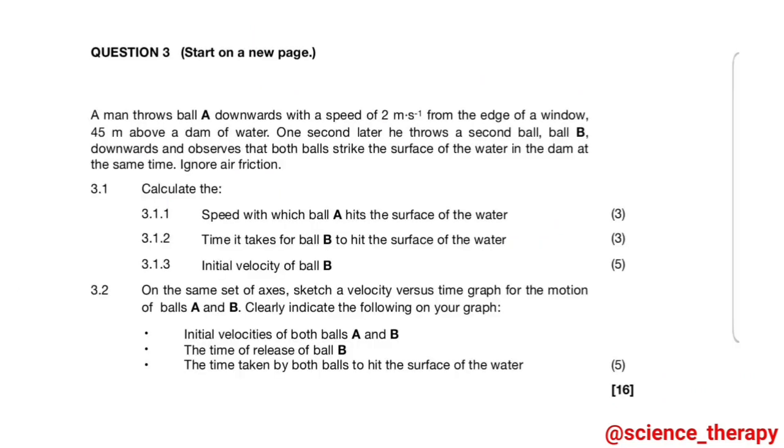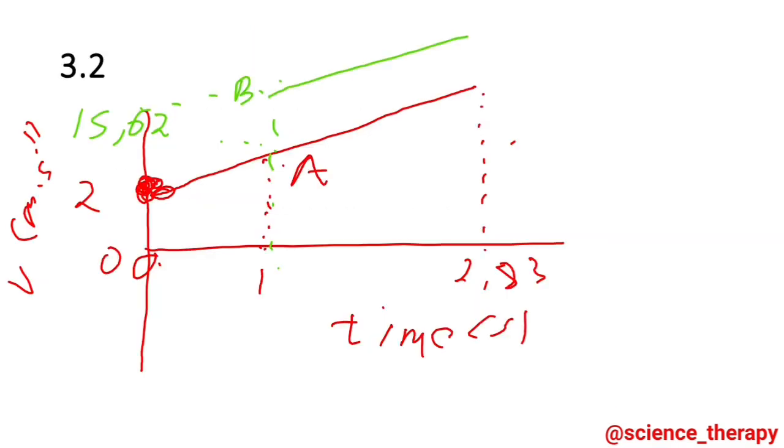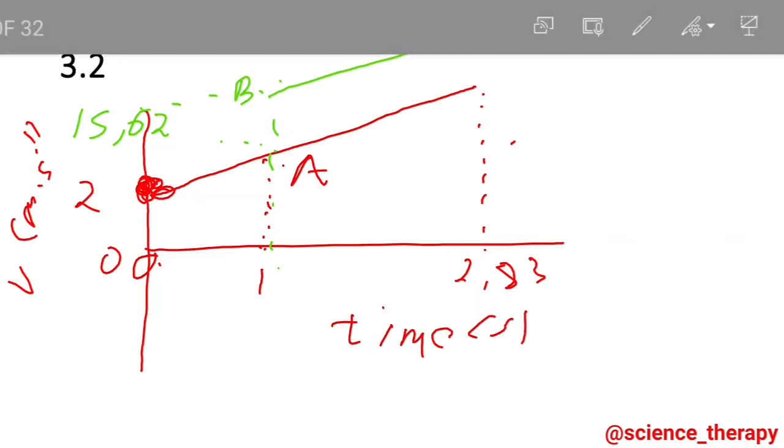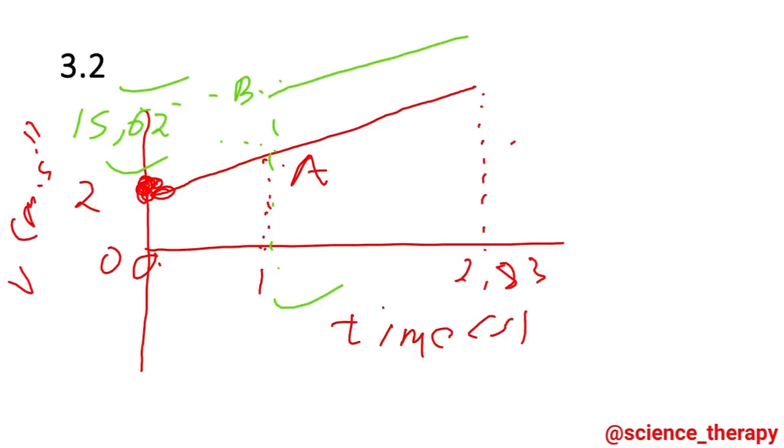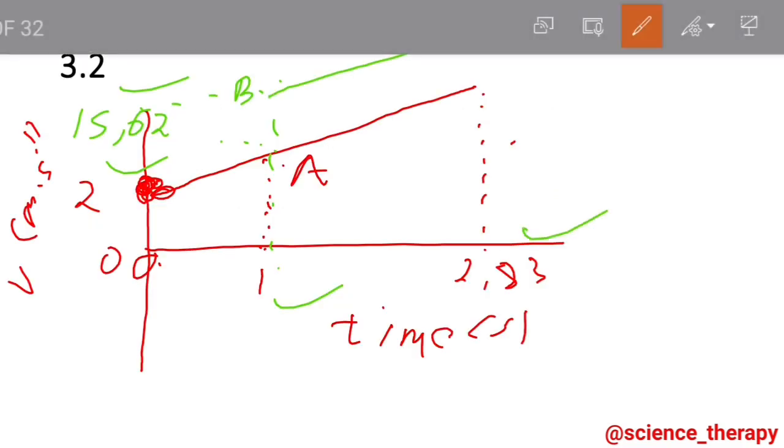And then we said the time of release of ball B. We do have the time of release of ball B, right? So that's a mark, that's a mark, that's a mark. And then we have the time taken by both balls to hit the surface of the water. It's 2.83. Then that's 4 marks. Maybe they would mark the shape according to the criteria. Then you have your 5 marks like that. Awesome.